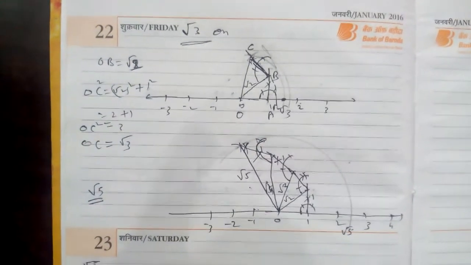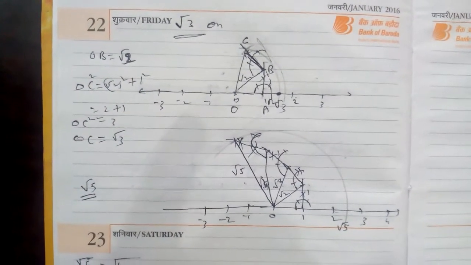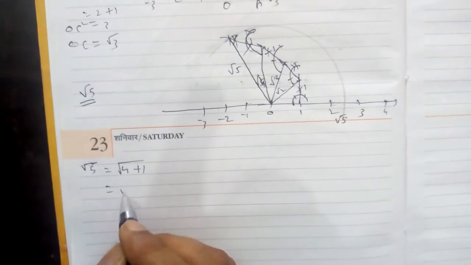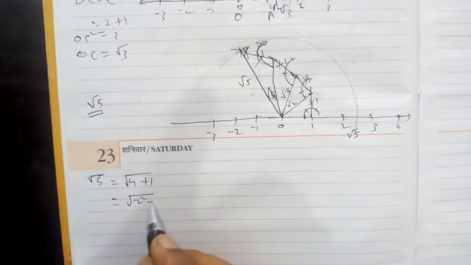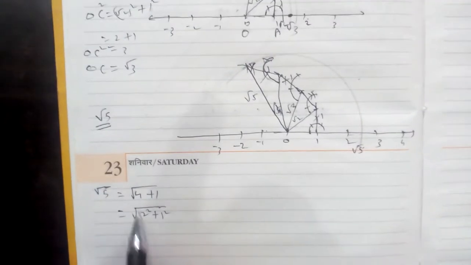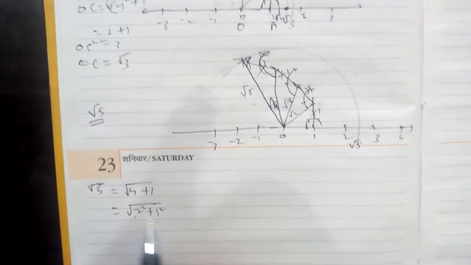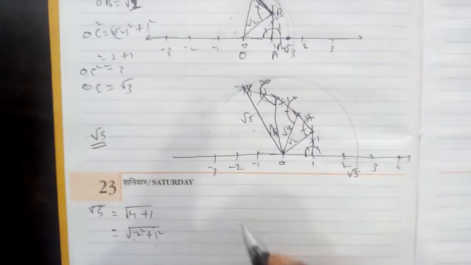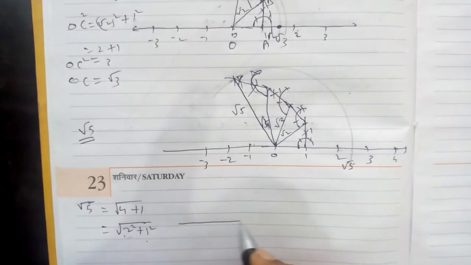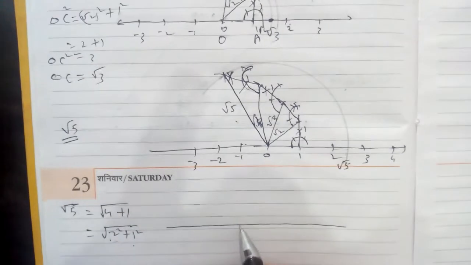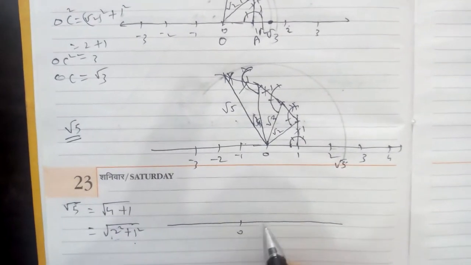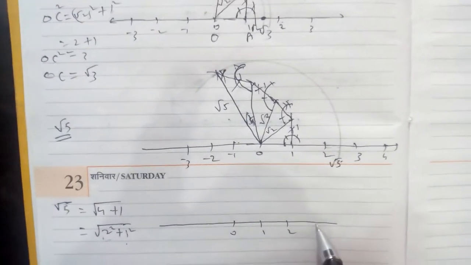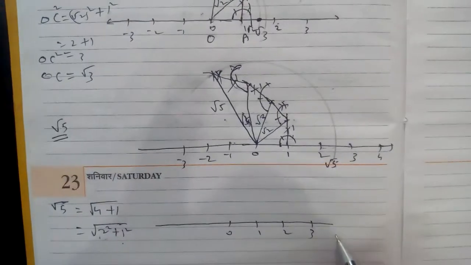You can do root 5 directly: you can write 4 plus 1, which means 2 square plus 1 square. So it is one right triangle in which you get 0, 1, 2, 3. Between 2 and 3.